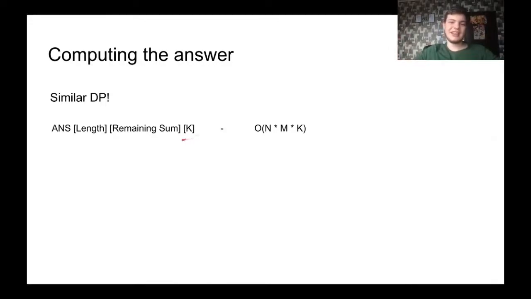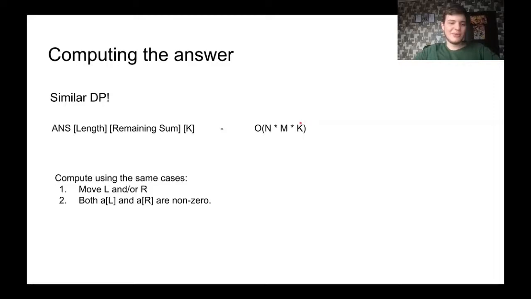And k is less than or equal to 20. Clearly the complexity will be nmk if we do the transitions in a fast way. Actually, the actual complexity will be k squared because, you're going to see in a bit.